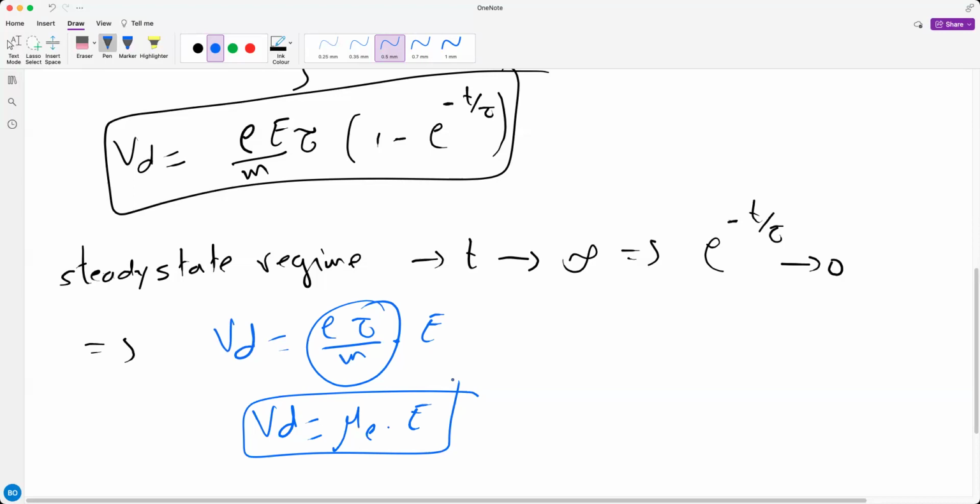So this is a very easy step. Later, we will see that there are several parameters that we cannot calculate using classical mechanics, and that's why we will go for quantum mechanics. Any question?